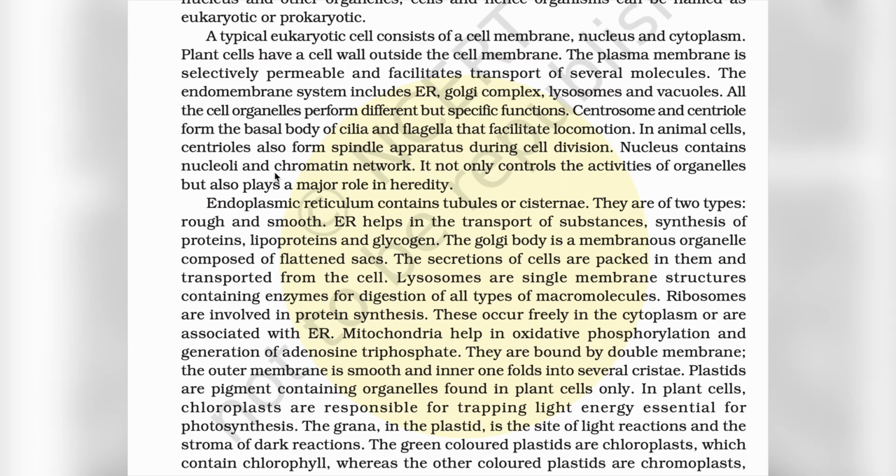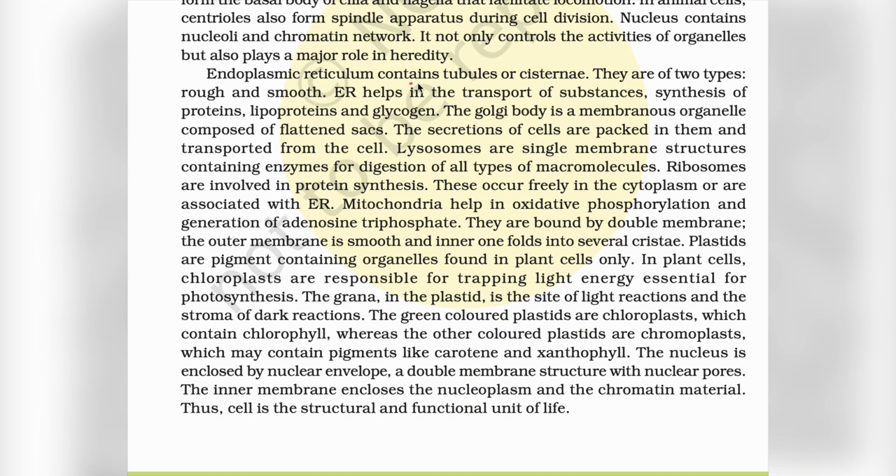Nucleus contains nucleoli and chromatin network. It not only controls the activity of organelles but also plays a major role in heredity. Endoplasmic reticulum contains tubules or cisternae. They are of two types, rough and smooth. Helps in the transport of substances, synthesis of proteins, lipoproteins and glycogen.